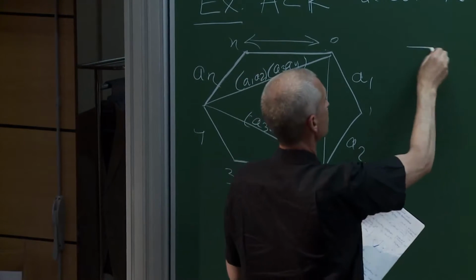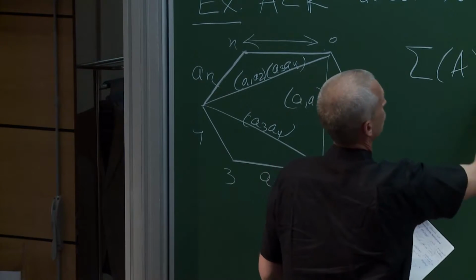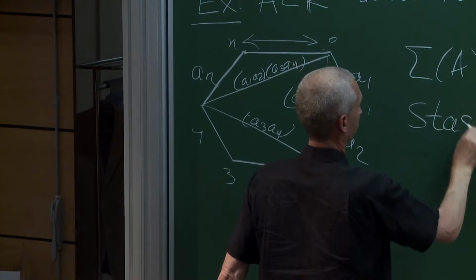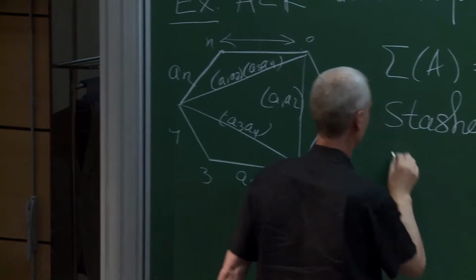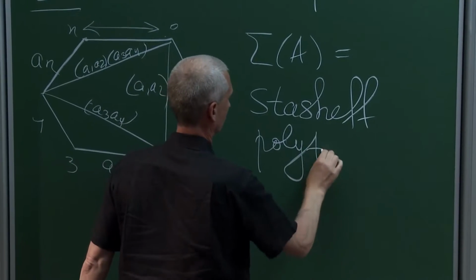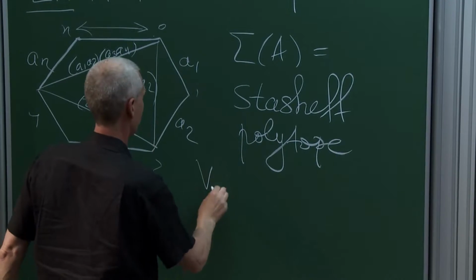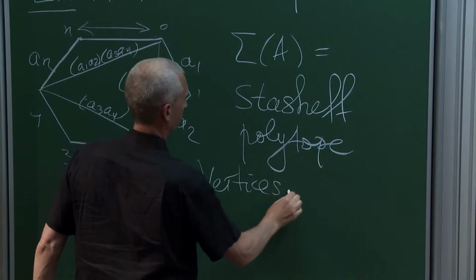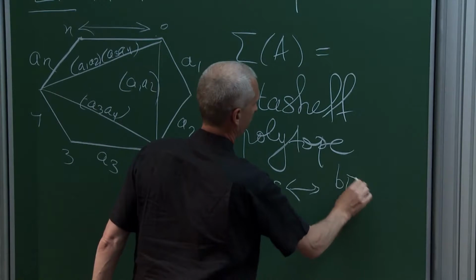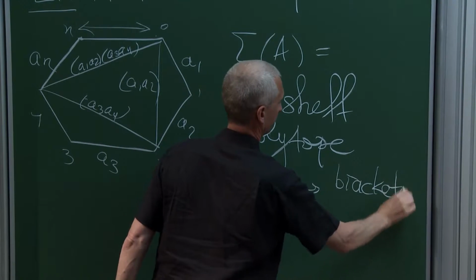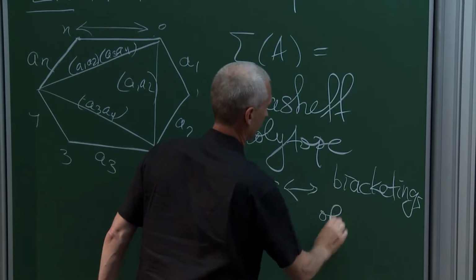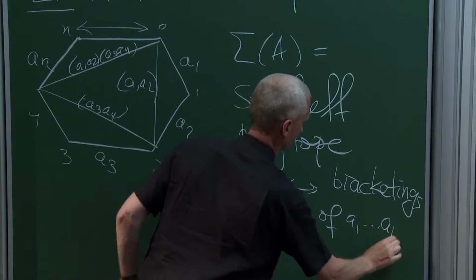So in this case, sigma of A is the so-called Stasheff polytope, or associahedron. The vertices are bracketings of A1 through AN.